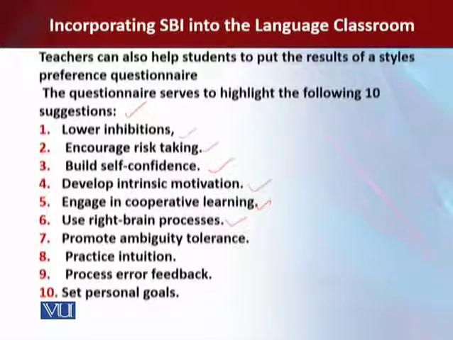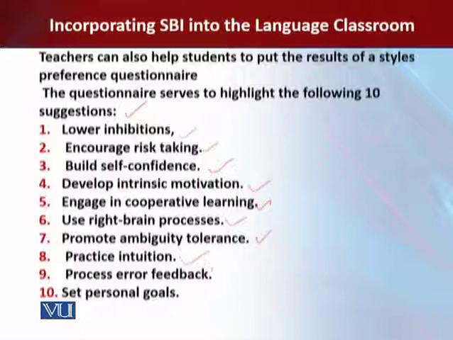Have students do some reading passages rapidly. Then we have to promote ambiguity tolerance. Encourage students to ask questions and ask each other questions when they do not understand something. Then practice intuition. Help students to think, or encourage thinking or guessing.